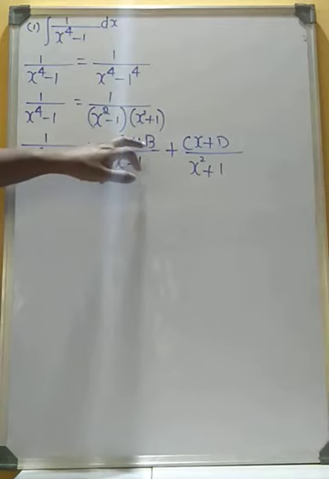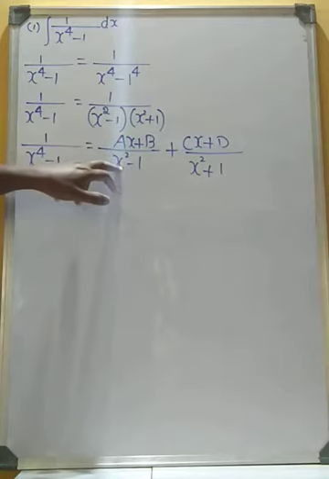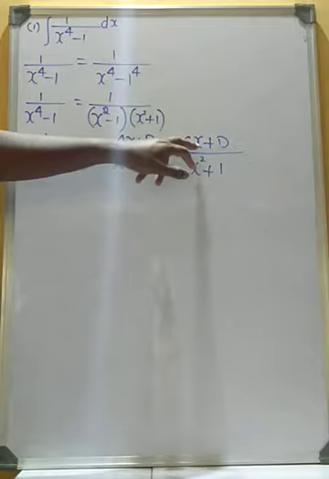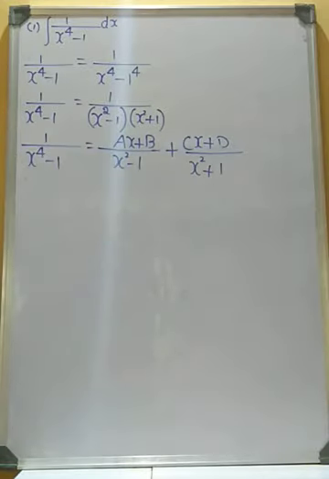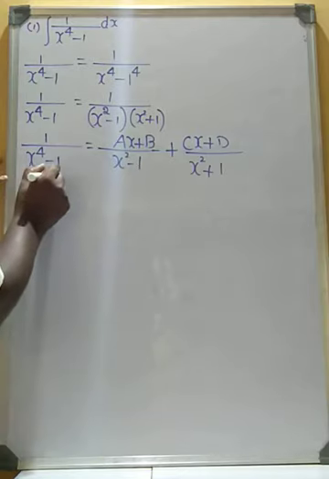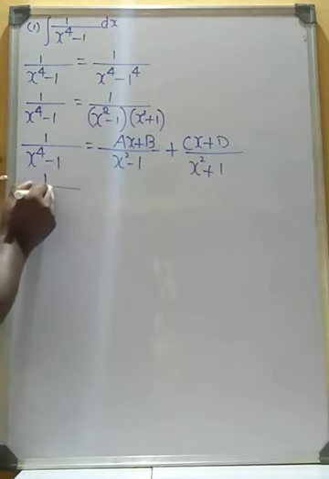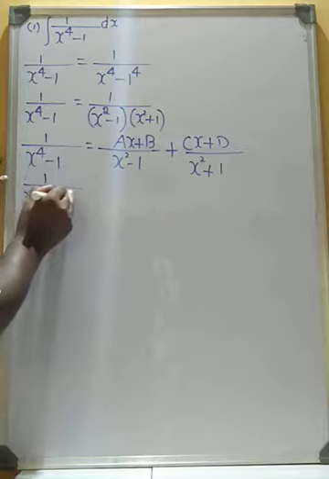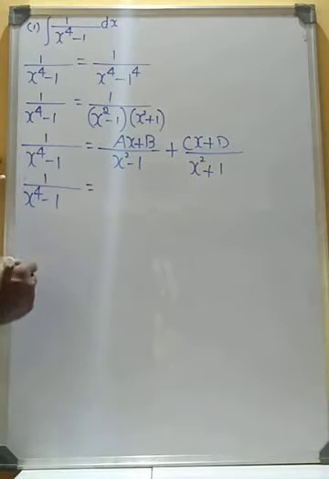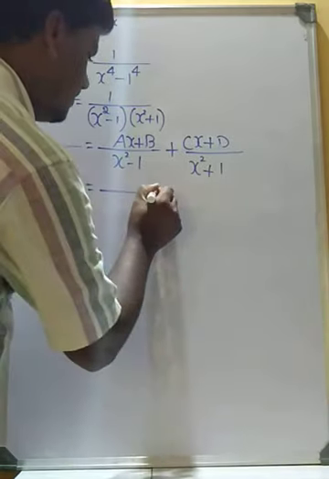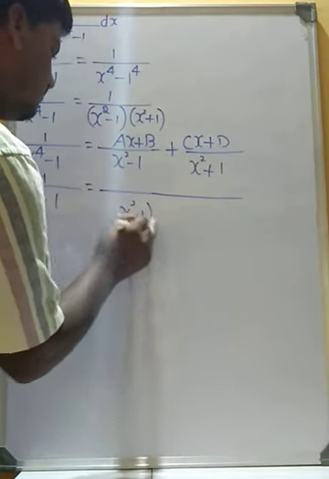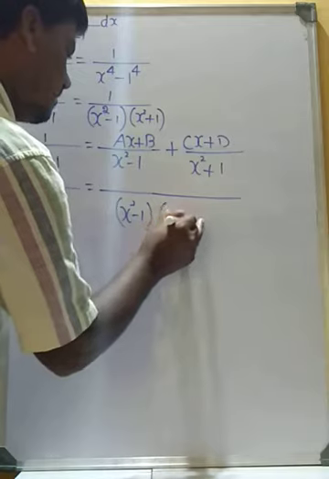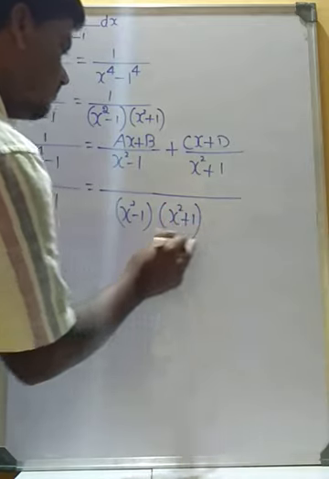That is, ax plus b divided by x square minus 1 plus cx plus d divided by x square plus 1. So therefore 1 divided by x to the power of 4 minus 1 equals, here the LCM is x square minus 1 into x square plus 1.